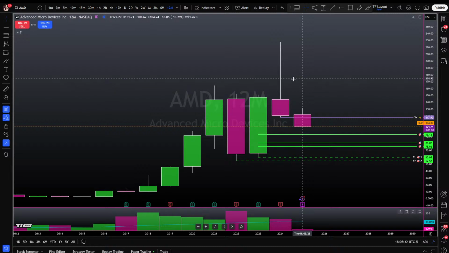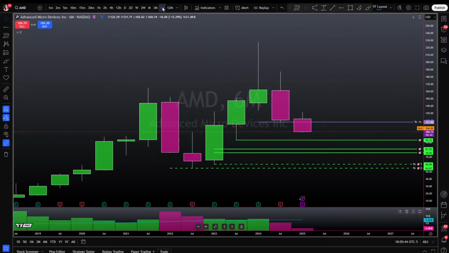Okay. And then the next, I mean, you can go to the 6 month if you like. You had a 6-month reversal before we even got a yearly actionable signal, because this happened in 2024. So you had this is a shooter as well. So you had a 6-month 2 up, 2 down reversal, which set up the yearly 2 up, 2 down reversal.